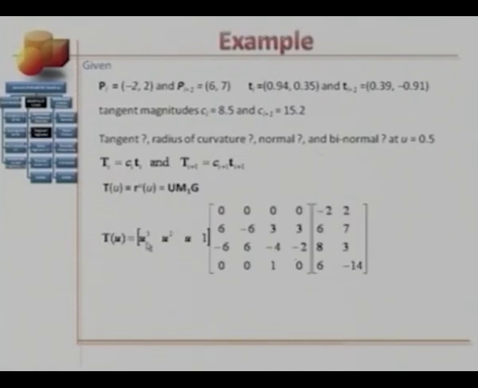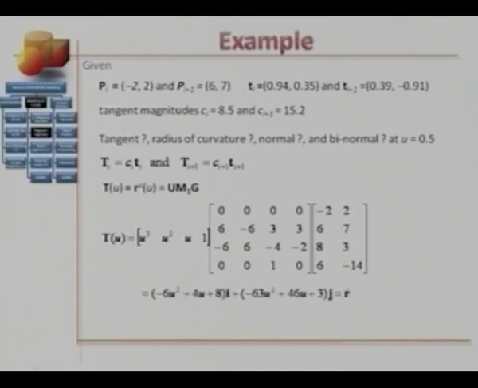U is u cubed, u squared, u, 1. M1 is this 4 by 4 coefficient matrix, and G is the geometry matrix. Note that (-2, 2) is point Pi, (6, 7) is point Pi+1, (8, 3) would be Ti times ci, and (6, -14) will be ci+1 times ti+1.